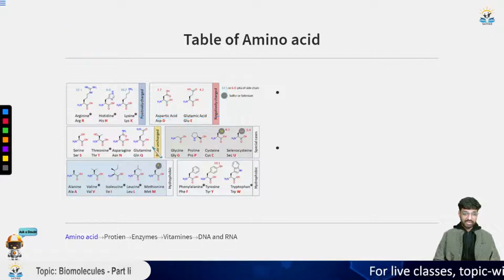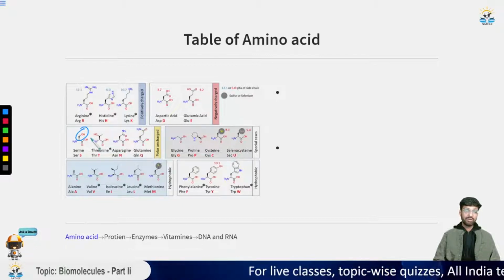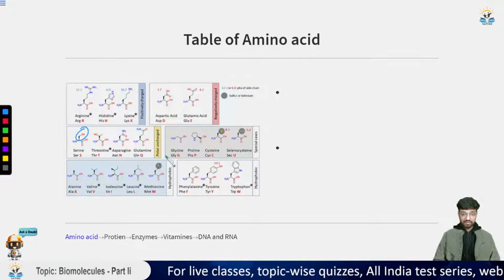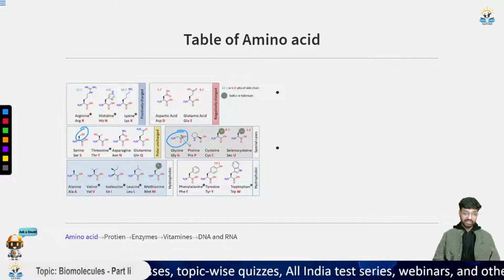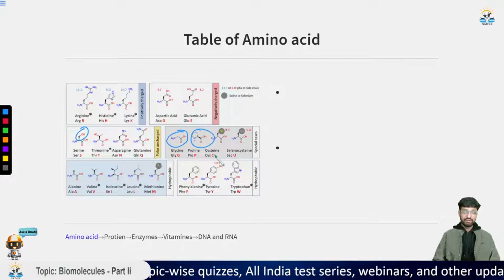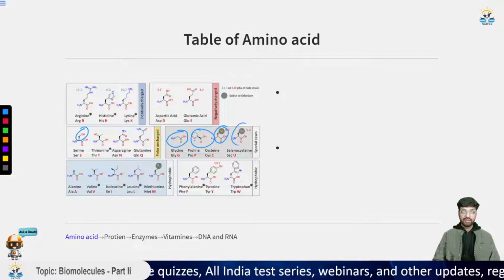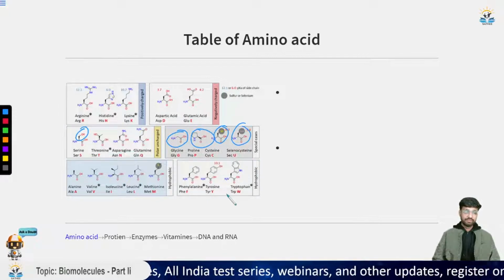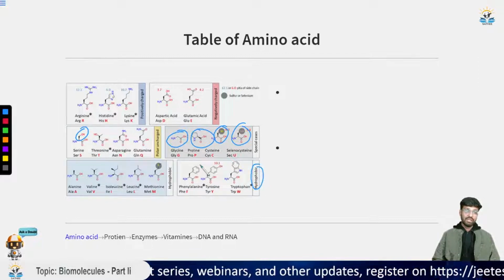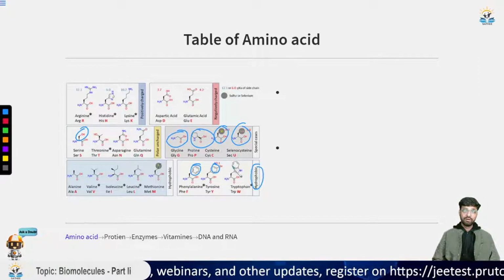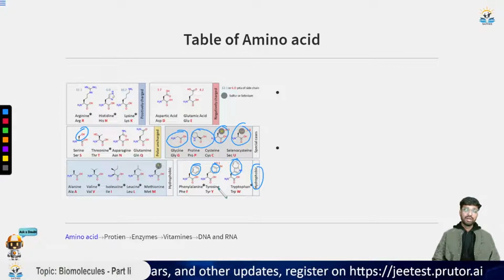Now polar but uncharged means that they are polar because of the presence of an extra functional group, that is OH, but it is uncharged. Why? Because this proton will not be abstracted at the pH of the isoelectric point. Then we have special cases, which are glycine, proline, cysteine and selenocysteine. Some are hydrophobic and also contain a benzene ring. All benzene ring containing groups are hydrophobic in nature.